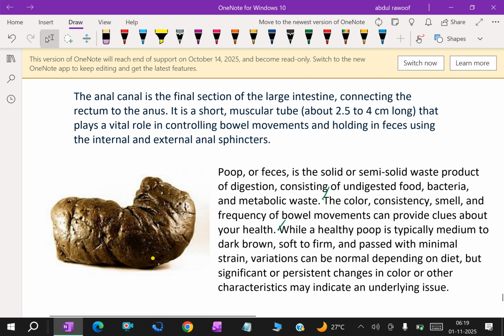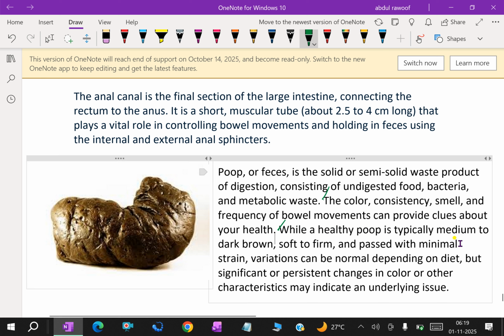While a healthy poop is typically medium to dark brown, soft to firm, and passed with minimal strain, variation can be normal depending on diet, but significant or persistent changes in color or other characteristics may indicate underlying issues.